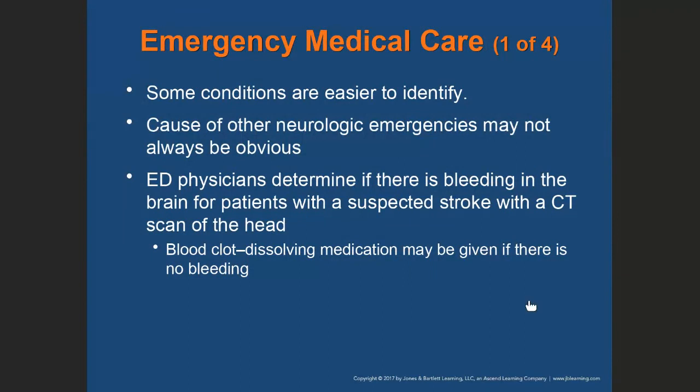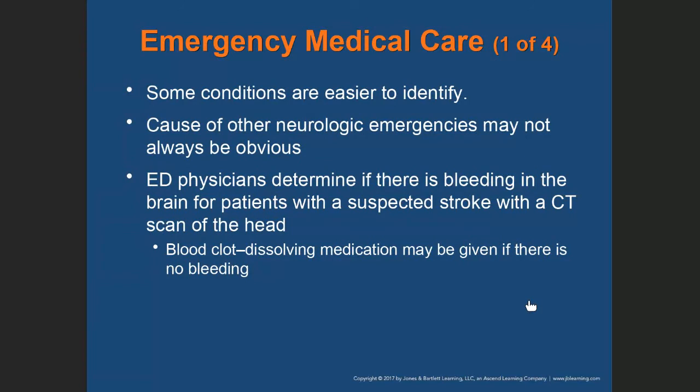All right, now let's look specifically at the emergency medical care. Some conditions are easier to identify than others. Causes of other neurologic emergencies may not always be obvious. ED physicians determine if there is bleeding in the brain for patients with suspected stroke with a CT scan of the head.